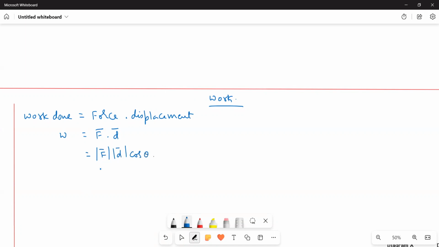Here F is the force, D is the displacement, theta is the angle between force and displacement, and W is the work done. Force is a vector and displacement is a vector, whereas work is a scalar.